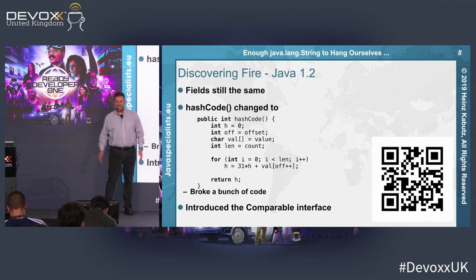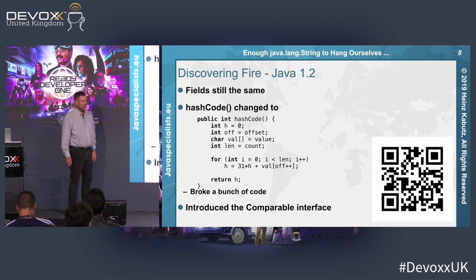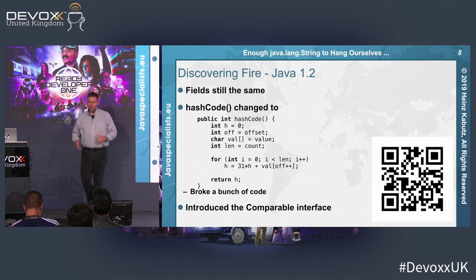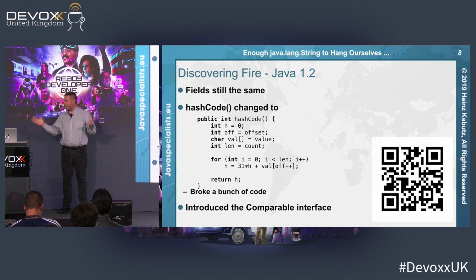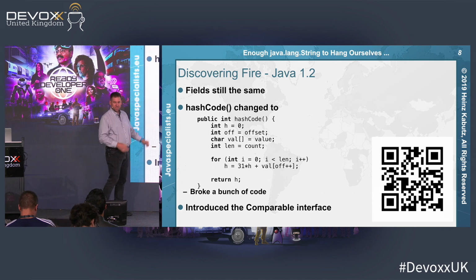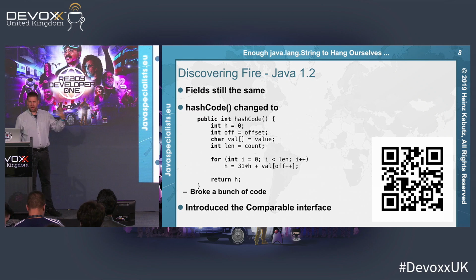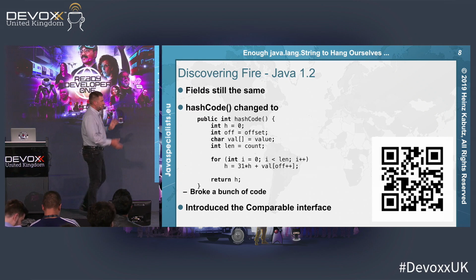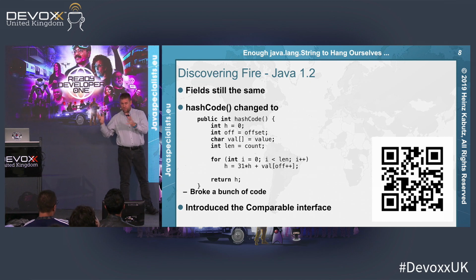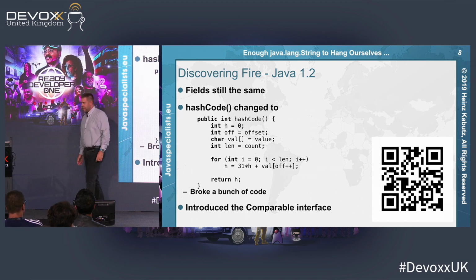Because they had a whole bunch of serialized objects or something, or maybe they had some testing, and all the testing broke because the hash code changed. And since then, we have not seen a change in the hash code function, or the end result. If you take a string from today, Java 12, Java 13, and you run the hash code over it, it's going to be the same answer as back in Java 2.